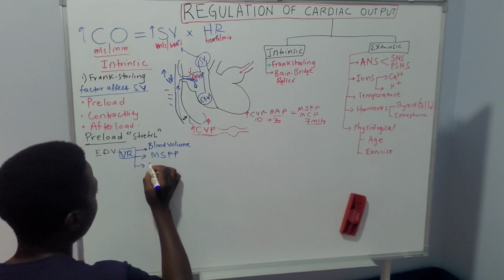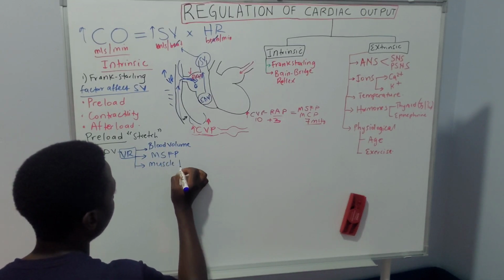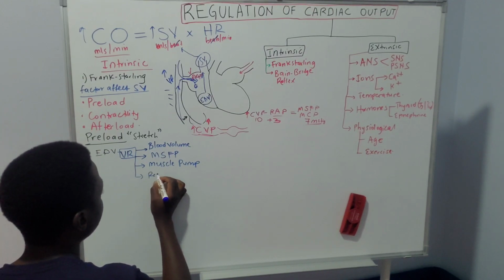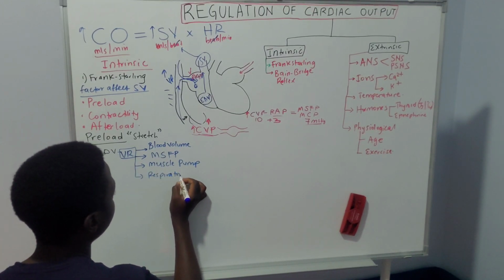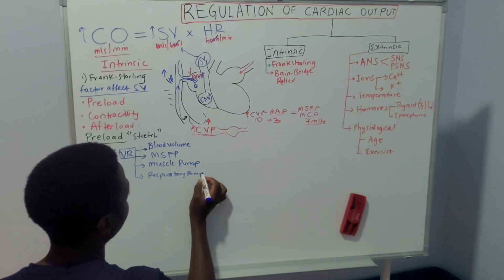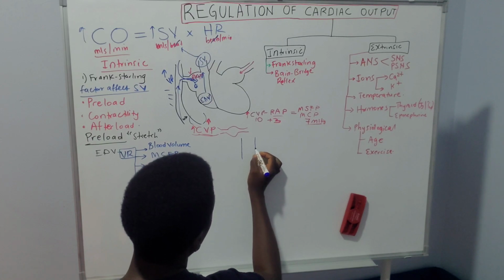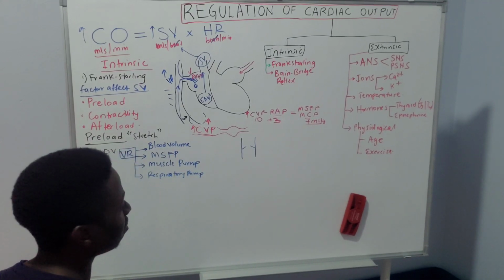Okay. We have what we call a muscle pump. Okay. And then we have what we call a respiratory pump. Okay. So usually these veins, okay, remember these veins have some valves which prevent backflow of blood.